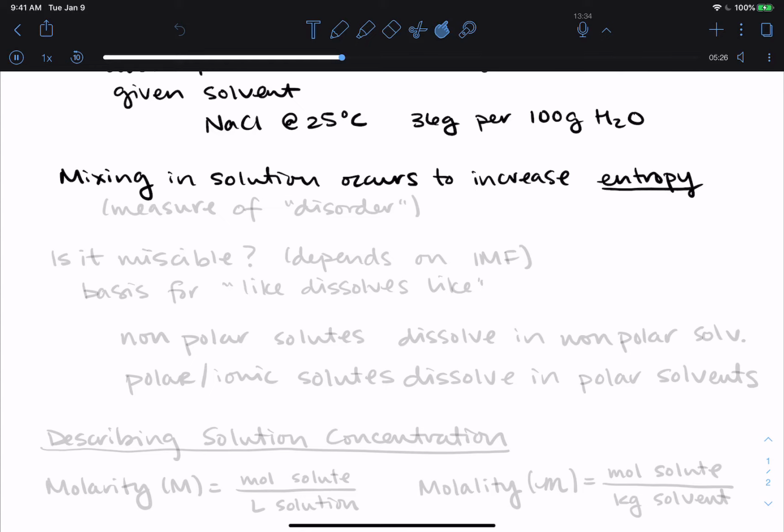If we have already talked about thermodynamics, this probably makes some sense. If for some reason you're looking at this before we do thermodynamics, entropy is a measure of disorder.